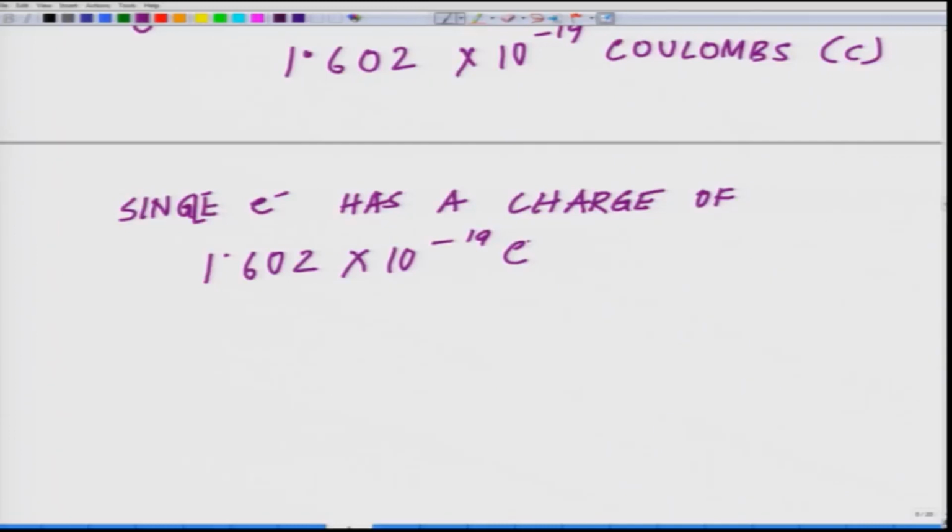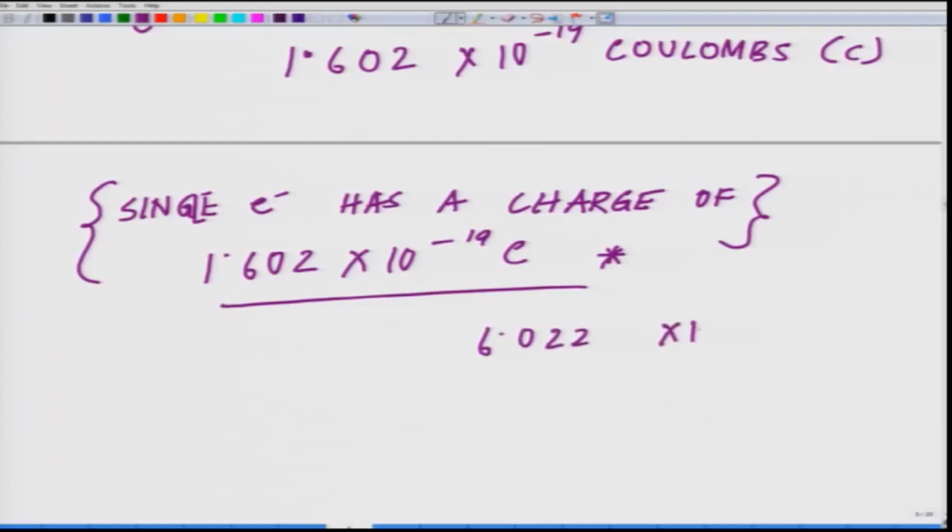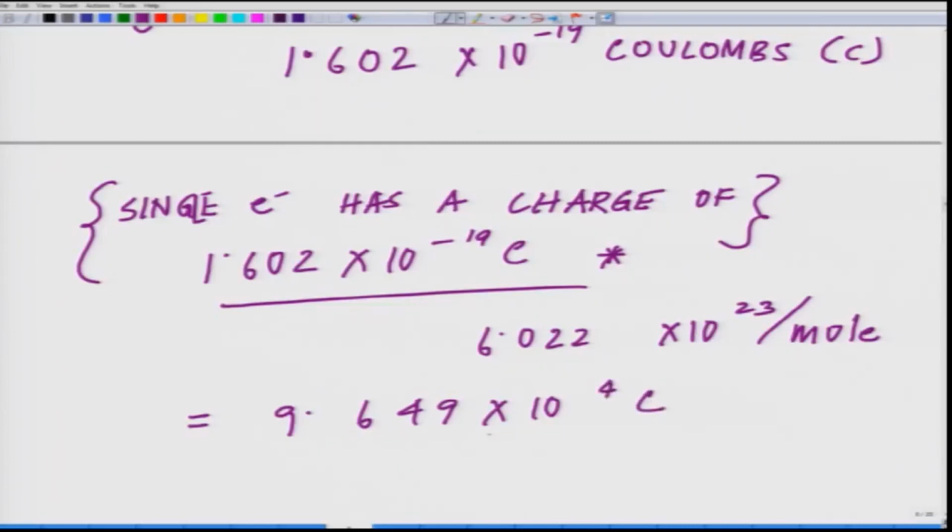Now, if we talk about a mole of electrons, how much will it be charged? You really cannot measure such a small charge on a single electron. So, what you do is multiply the single charge with Avogadro's number, which is 6.022 multiplied by 10 to the power 23 per mole. The value you get is 9.649 into 10 to the power 4 coulomb, and this is what we call Faraday's constant.